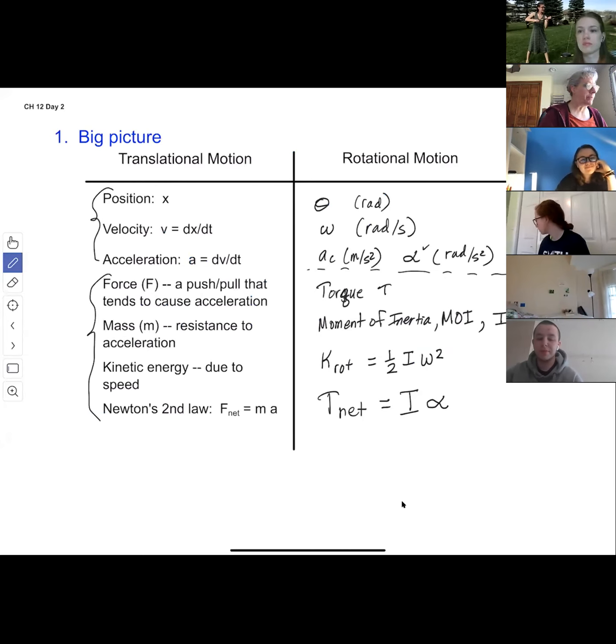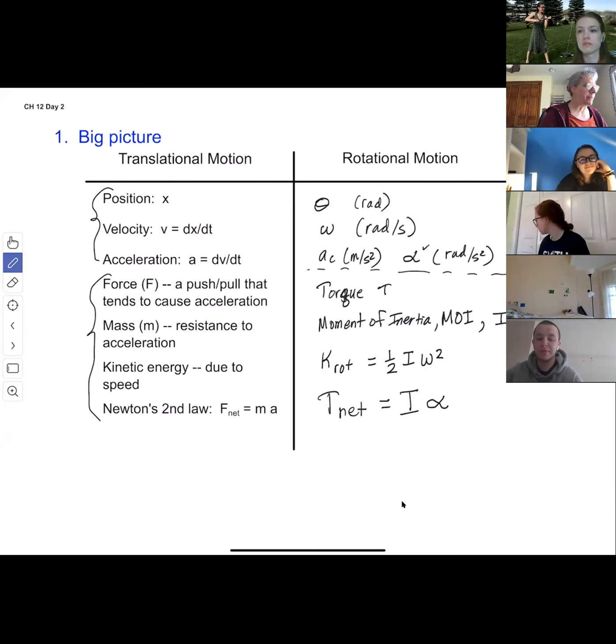And I hinted that that was one way to approach problem 2 on the homework, was to use an energy approach, but also include the rotational kinetic energy in whatever energy approach you took.